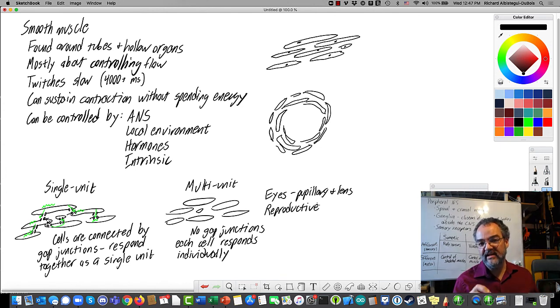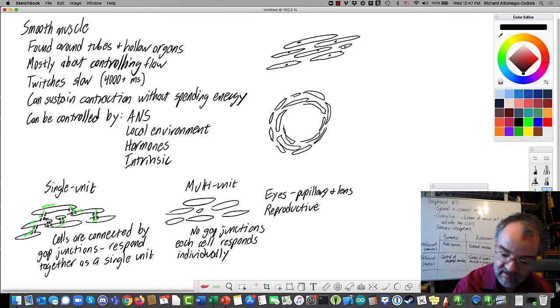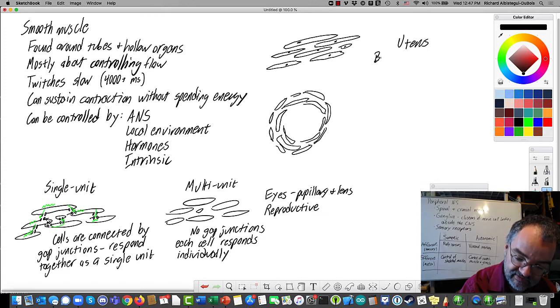Now, as one example of how this works, there is actually one organ in the body that starts out as multi-unit muscle, but at certain times becomes single unit muscle, and then will transfer back into multi-unit later. That's the uterus. So the uterus begins as multi-unit muscle.